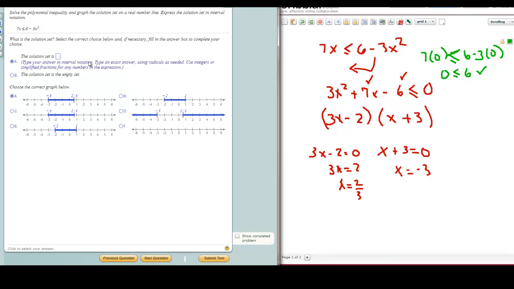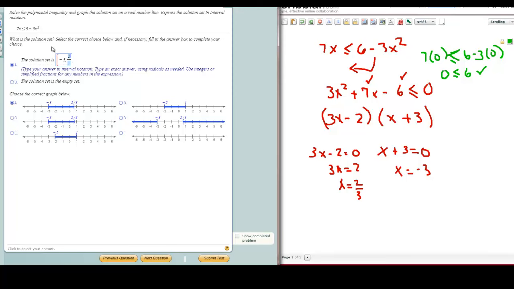All right, keyboard brackets are near the P. I'm hoping that's what it uses. So negative 3, then comma, and then fraction 2 over 3, and then another bracket. There we go. So that's interval notation saying going from negative 3 to 2 over 3, which matches A. All right, let's keep motoring.